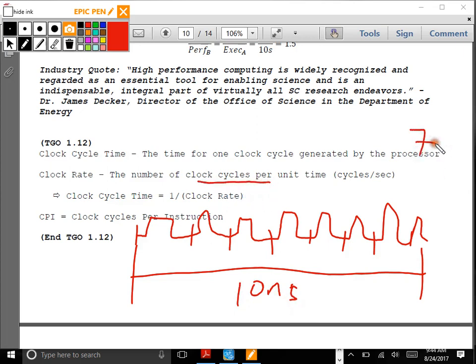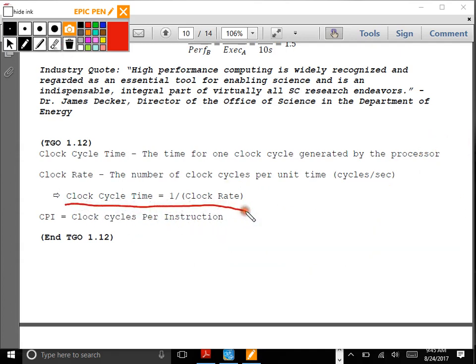So it's 7 over 10 nanoseconds, so the units are cycles per nanosecond, and that's why I've included cycles per second there. So see how I was able to derive the value? Because the clock rate is equal to the number of cycles per second. And then it becomes intuitive that the clock cycle time is 1 over the clock rate, if you have a unified cycle.